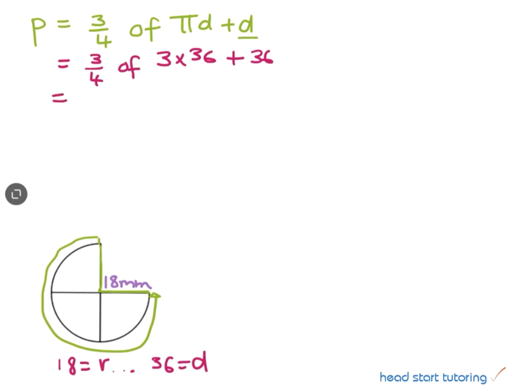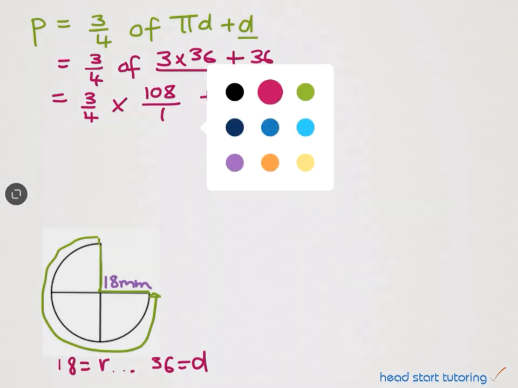Right, so now we are working with 3/4 of 3 multiplied by 36, plus 36, and we can work that out to be 3/4 multiplied by 3 times 36, which is equal to 108. We can put that over 1, and then we plus our 36 at the end, remembering BODMAS all the time.